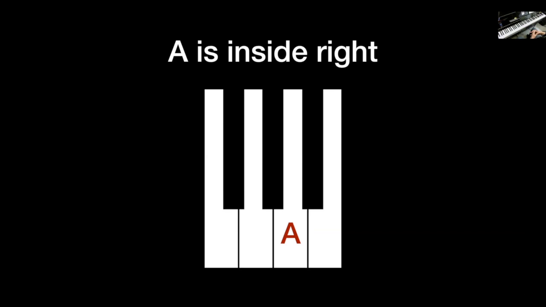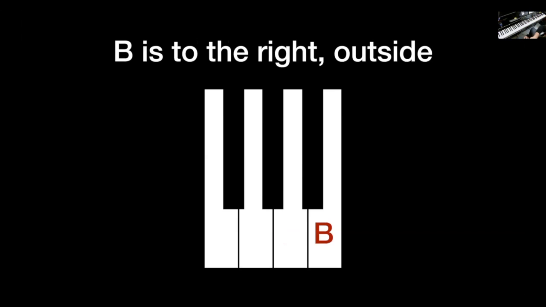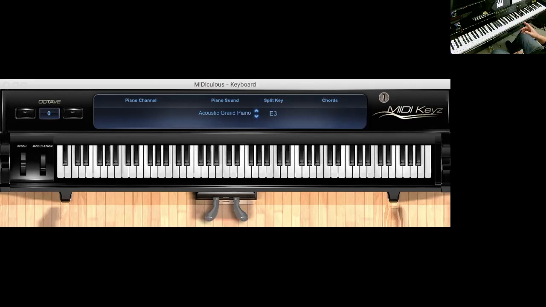Okay? We got to the last note that we're going to discover. This note is going to be placed outside of the 3 black keys to the right, and it comes after A in the musical alphabet, so that's going to be B. The note B is to the right of the 3 black keys, outside right. You know the drill.